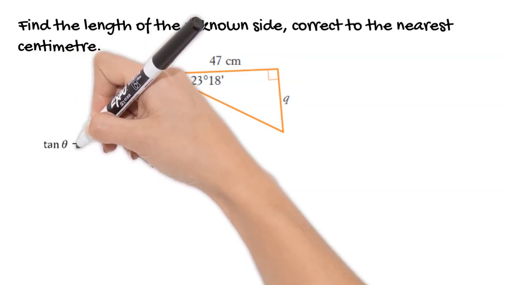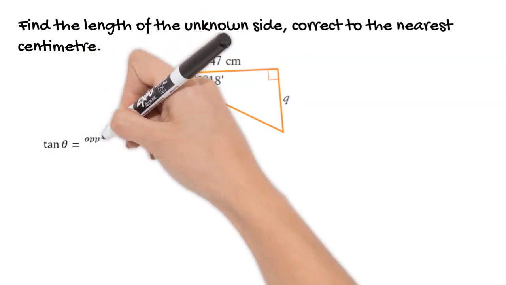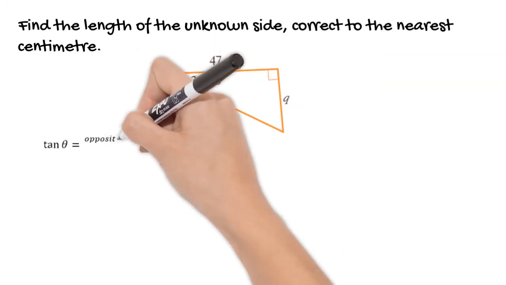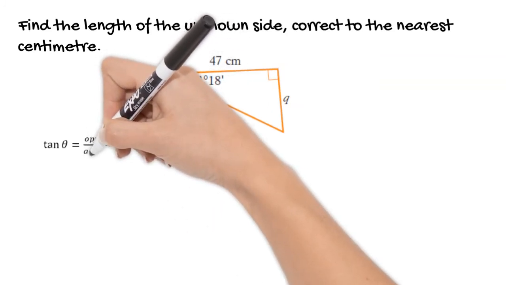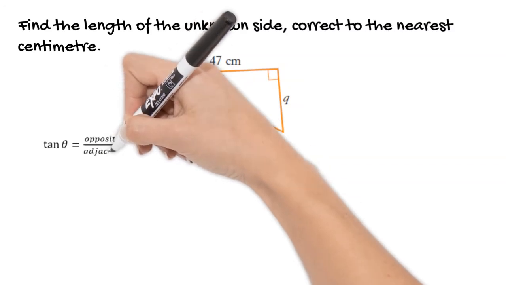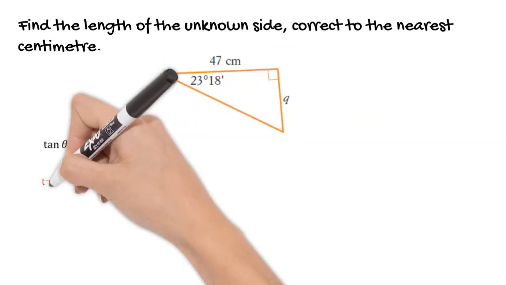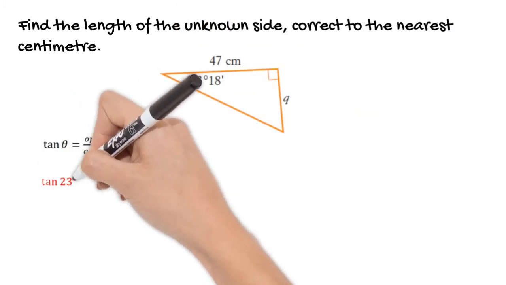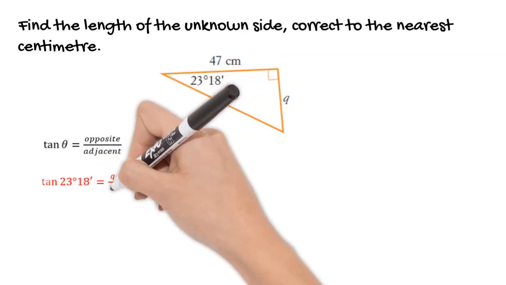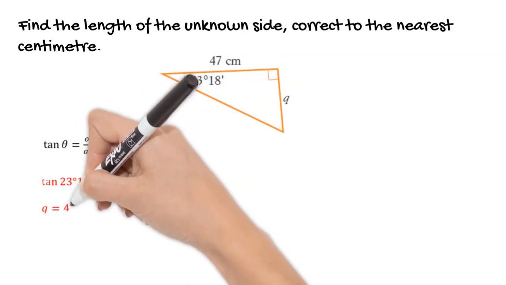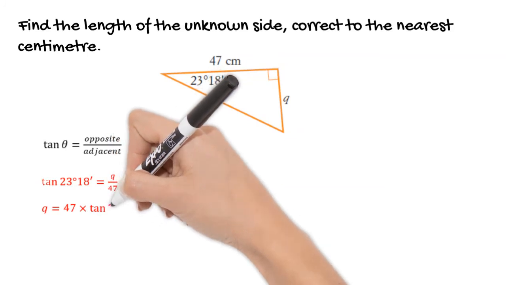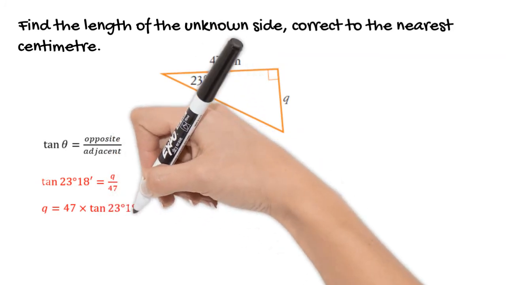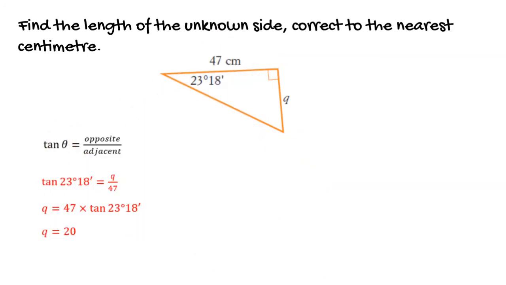Tan theta, which is 23 degrees, 18 minutes, is equal to Q over 47. Again, to solve that, we need to multiply throughout by 47. So we end up with Q is equal to 47 times tan 23 degrees, 18 minutes. So to the nearest centimetre, according to the question, that gives us 20.